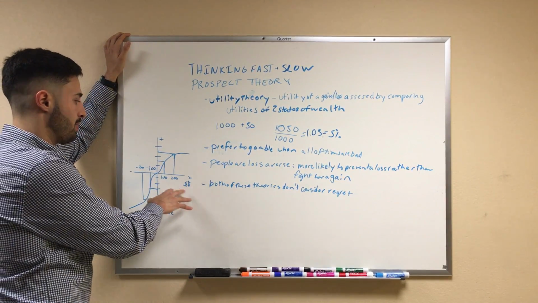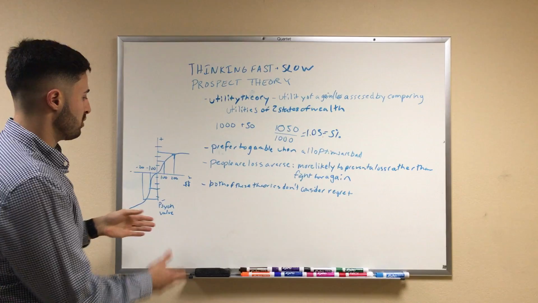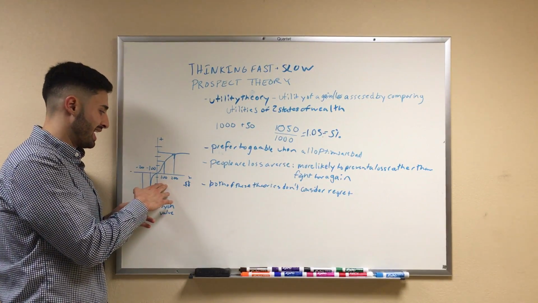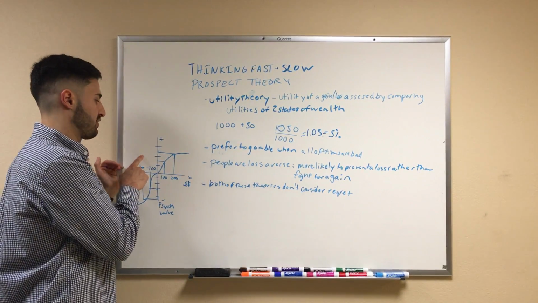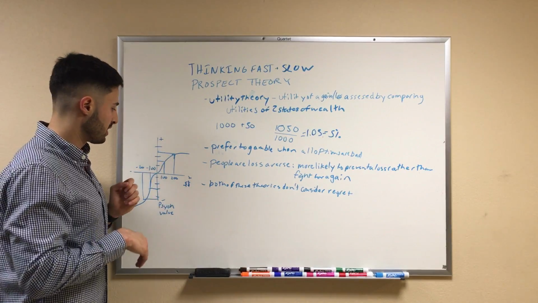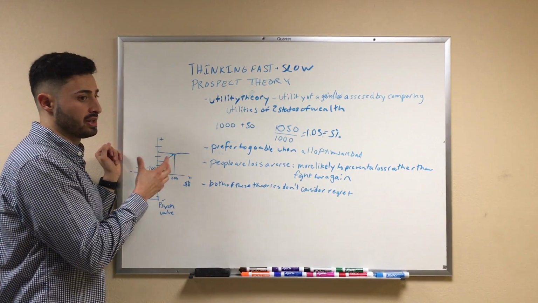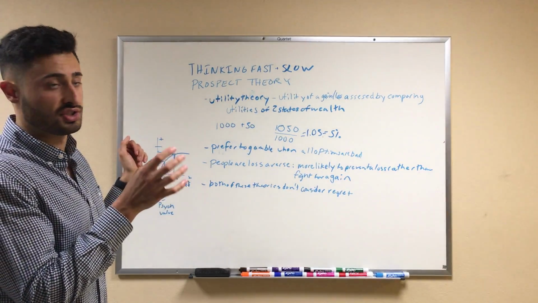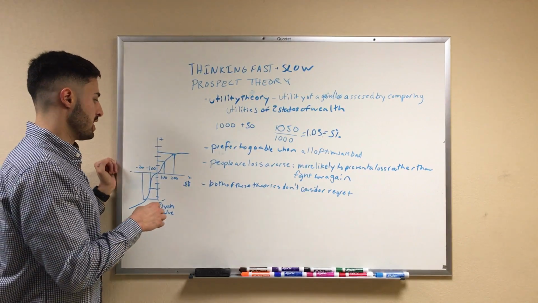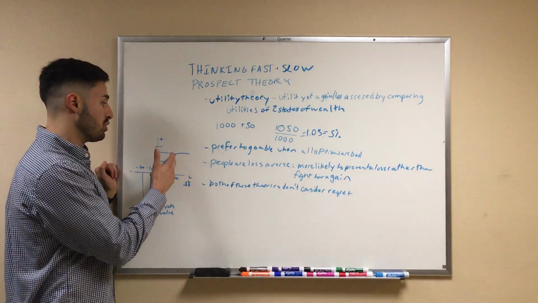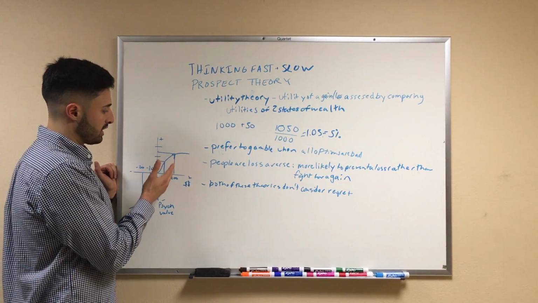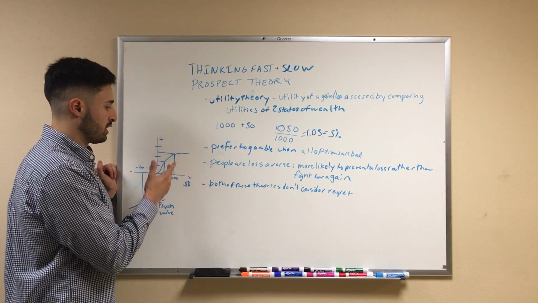So let's go through the positive side real quick. If you make $100 more in gain, it's going to give you about 1.5 psychological value points. Not really dependent on what your current state of wealth is. If you get $200, it's going to give you 2.5 points. So you see, it starts slowing down as we go on.